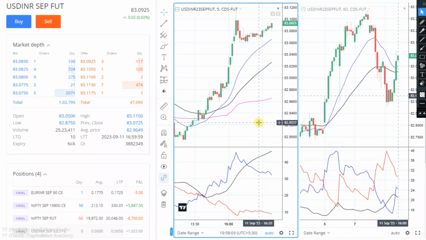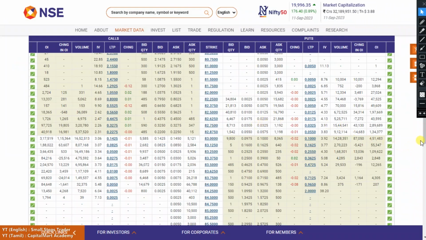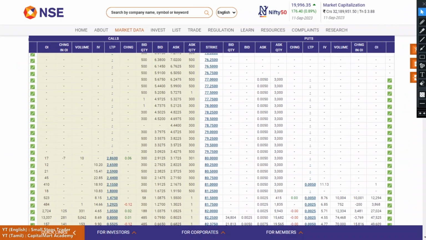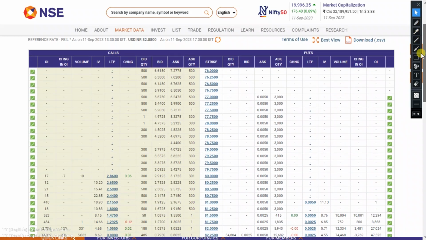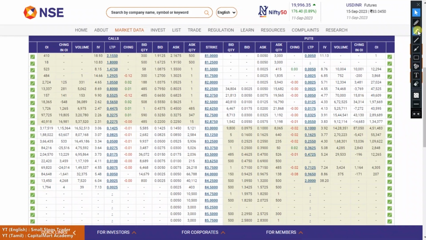Okay, now we will see the USDINR option chain. Today's spot rate RBI reference is 83.08. As per the RBI reference rate, now we will see where the possibilities of close are.